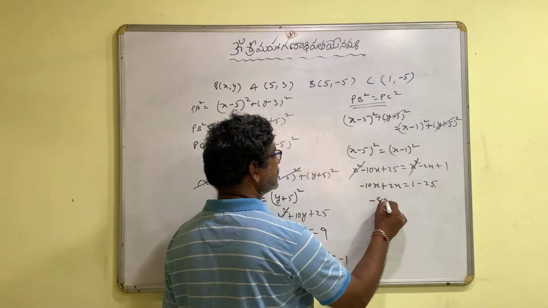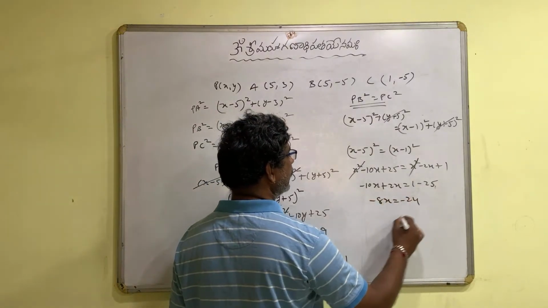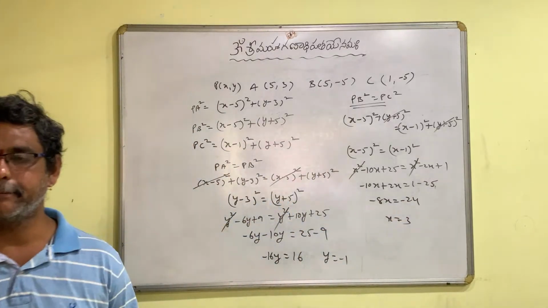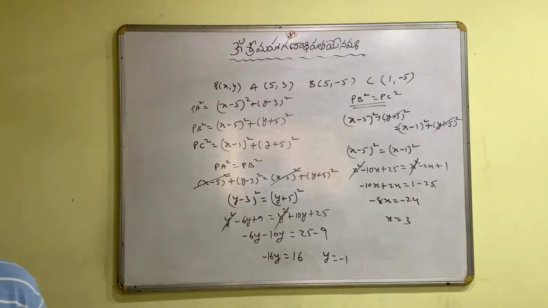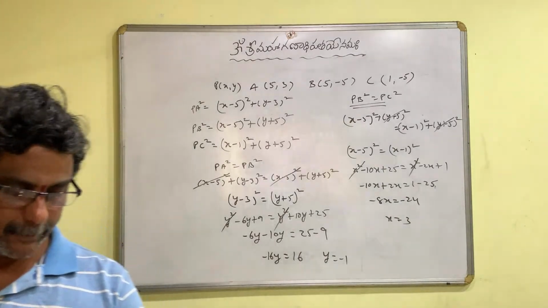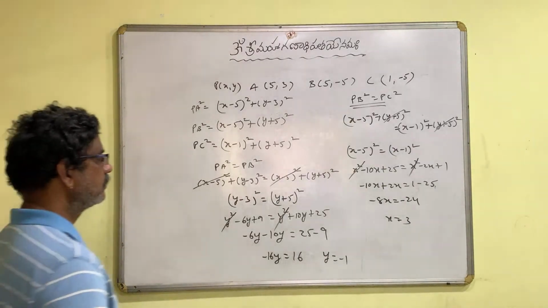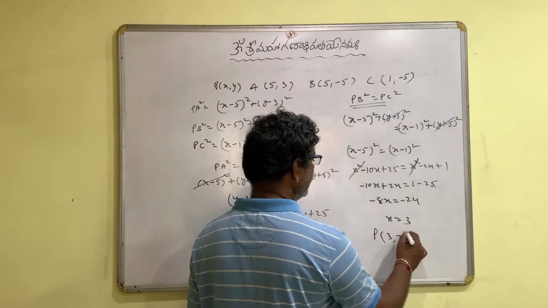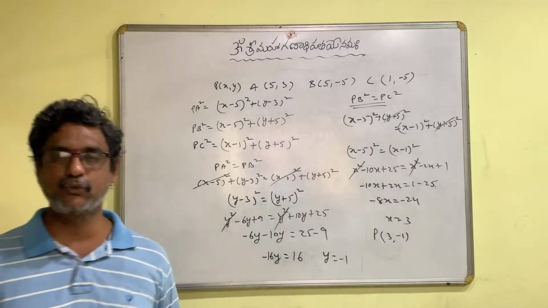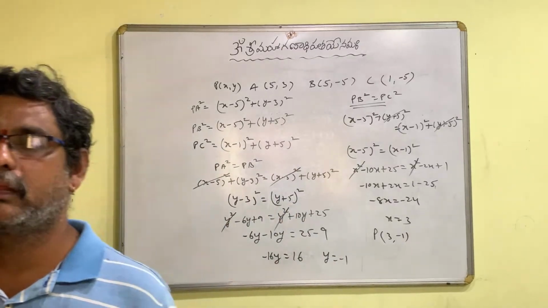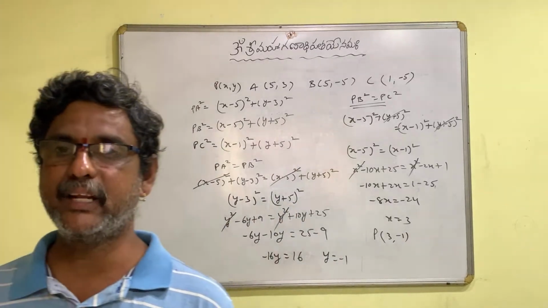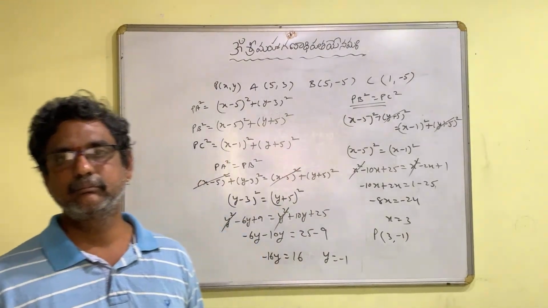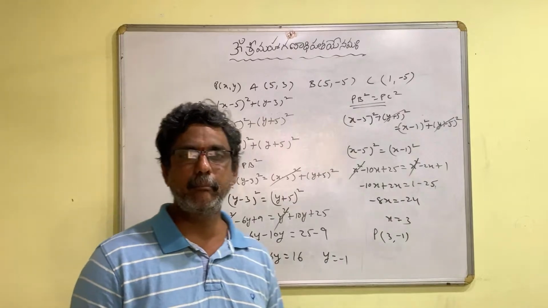So negative 8x is equal to negative 24. X is equal to 3. So the coordinates of point P are 3 comma minus 1. Very, very important model.